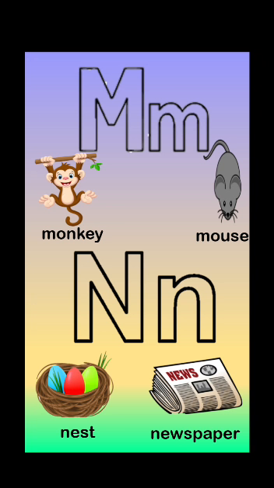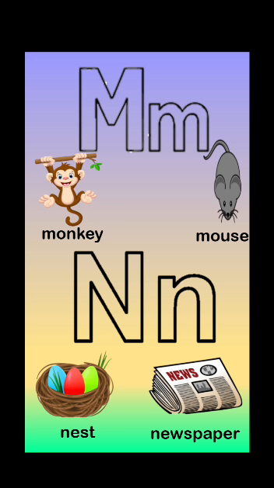The next letter is letter N. What is the sound of letter N? It's N. N for nest. N for newspaper.